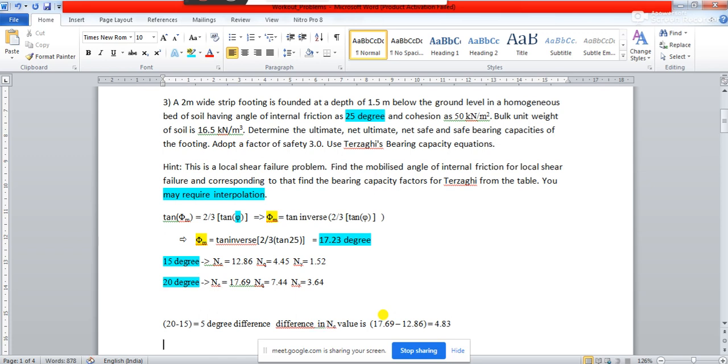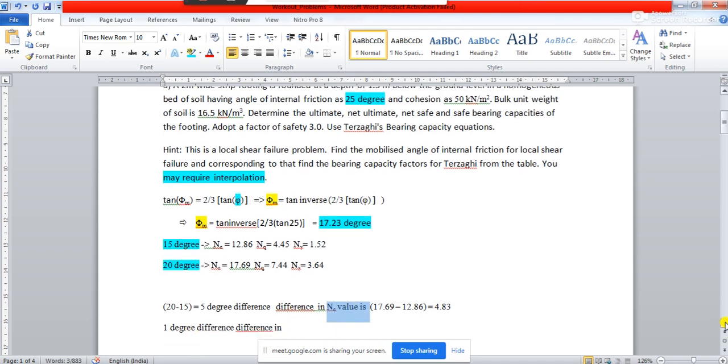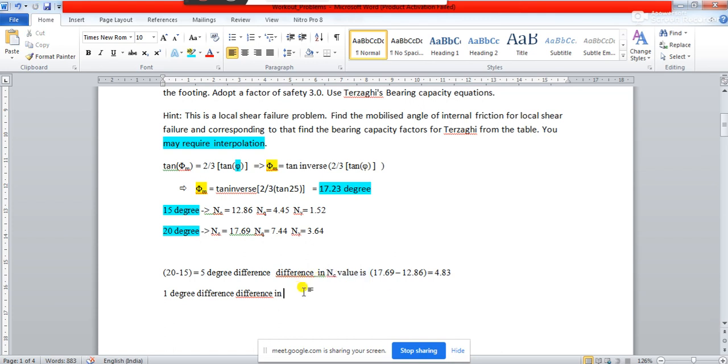Okay. So you just put it in the unitary method. So for 1 degree difference, the difference in NC value will be how much?